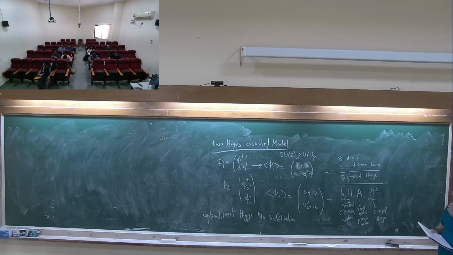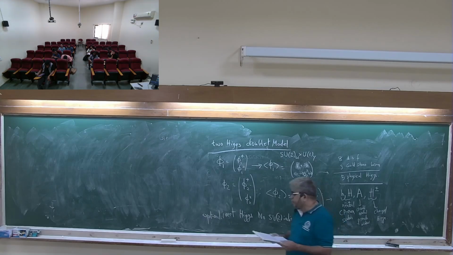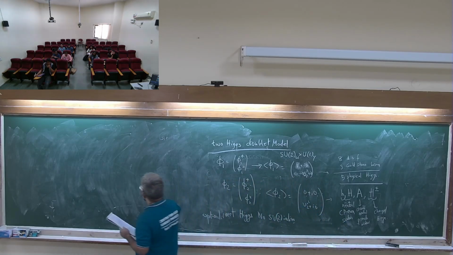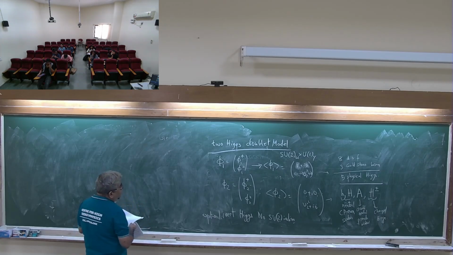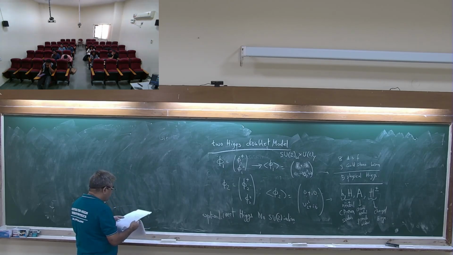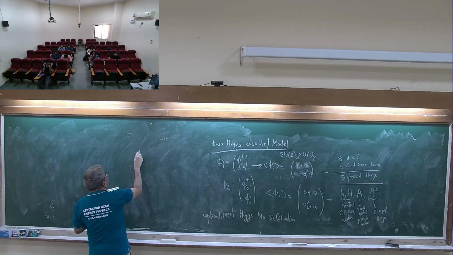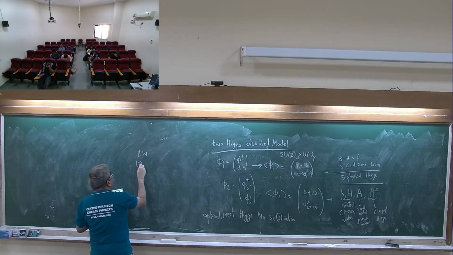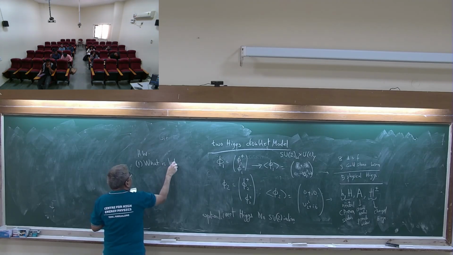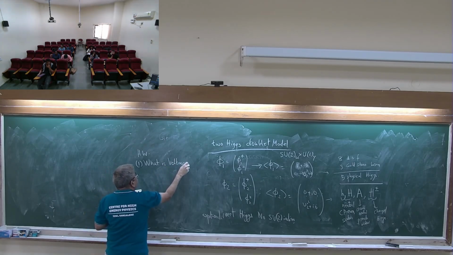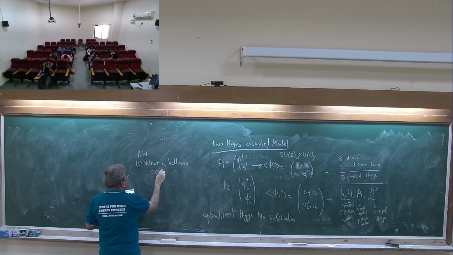Now there is something called Weltman screening. I mentioned it, I didn't use the word Weltman, but when I was discussing this homework, it comes in your assignment. What is Weltman screening?